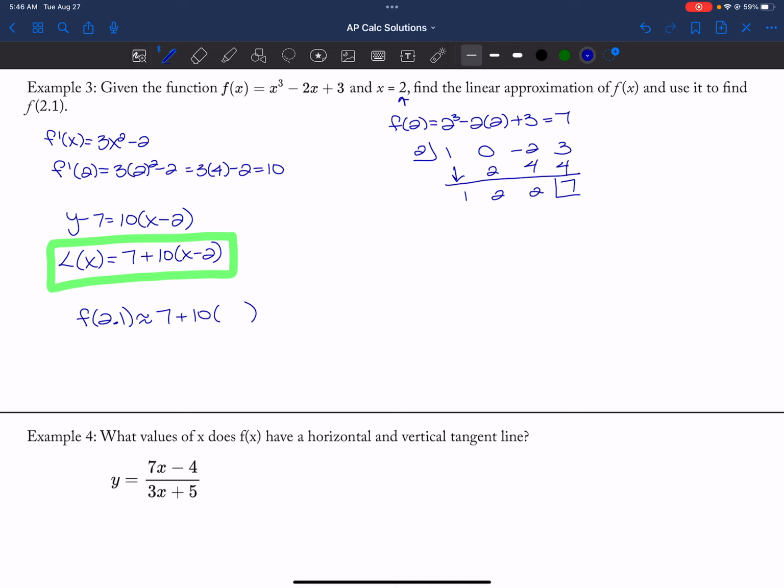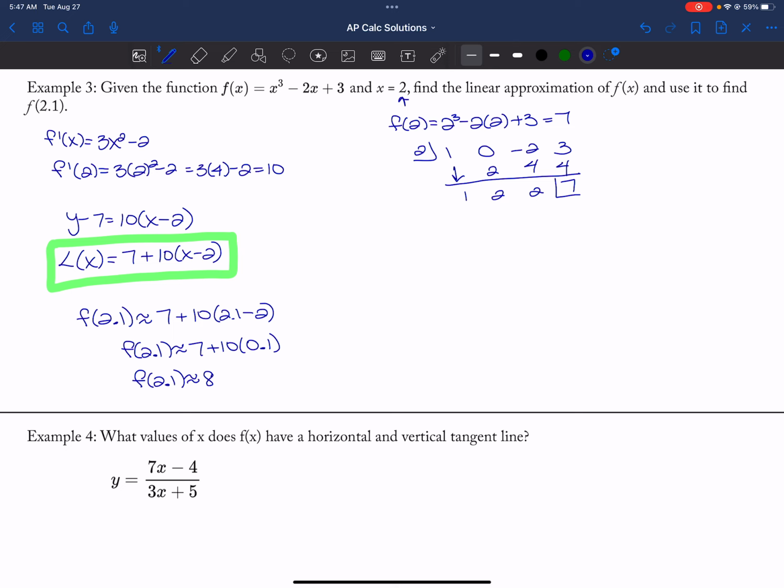When I plug in 2.1 for my x, I knew that something was wrong. 2.1 minus 2 would have given me 0.1. So f of 2.1 is approximately 7 plus 10 times 0.1. Oh my goodness, so f of 2.1 is approximately 8.